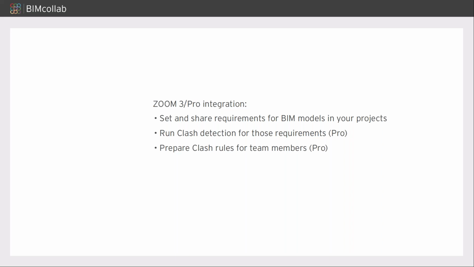So you can define one shared rule that other people can run on their own machines, on their own models. And there's also an extra feature that allows you to run a property count for specific properties, checking like for volumes or the amounts of elements used in one of your models.